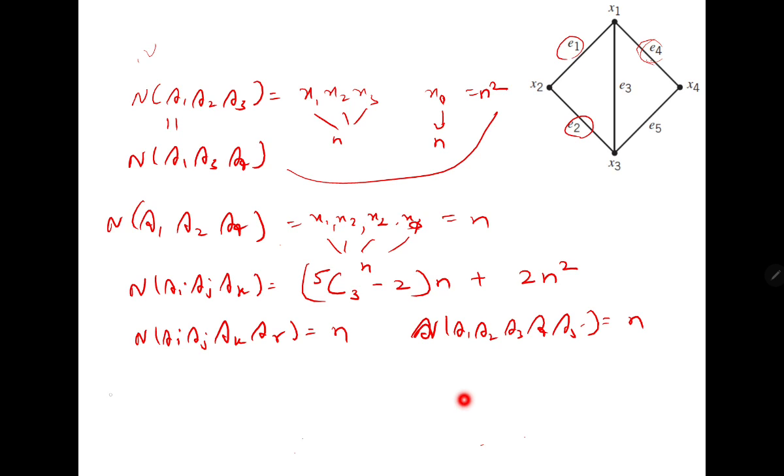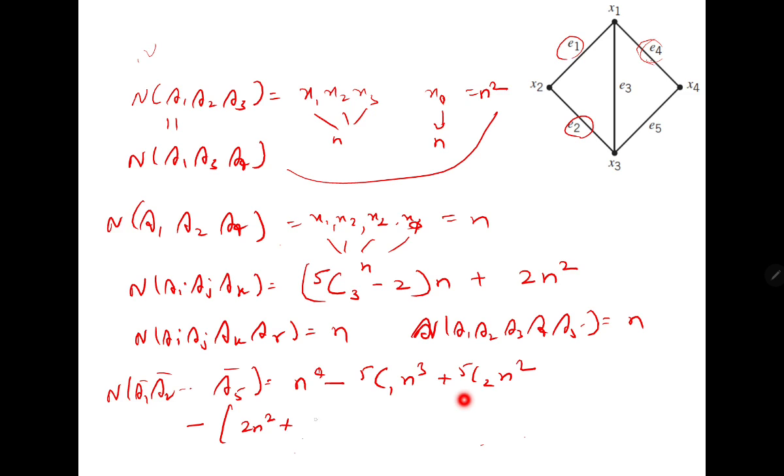It means my n of a1 bar, a2 bar and so on, a5 bar is n raised to the power 4 minus 5C1 n cube plus 5C2 n square minus, it is 2n square plus 5C3 minus 2n plus 5C4 n minus n. If you simplify, it becomes n raised to the power 4 minus 5n cube plus 8n square minus 4n.